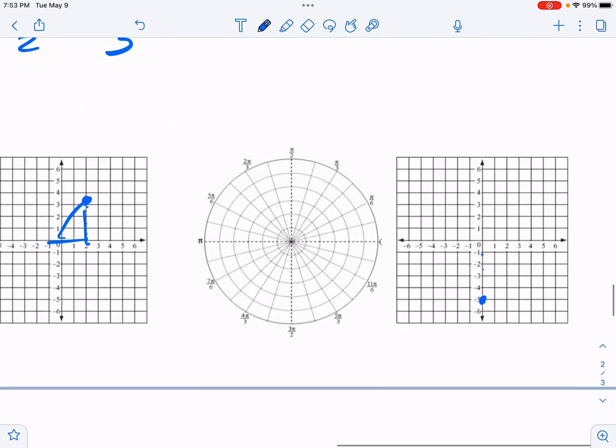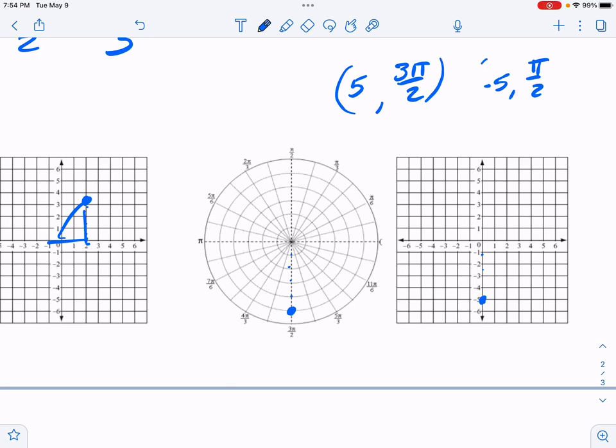Okay. Well, what angle is that? That's 3 pi over 2, and that's 5. So I'm at 3 pi over 2 and 1, 2, 3, 4, 5. Or I could have done pi over 2 and negative 5. It will get you to the same spot. That one you just got to know.